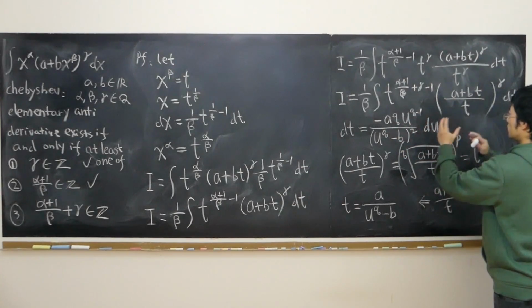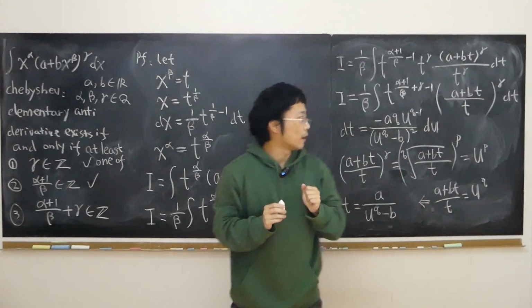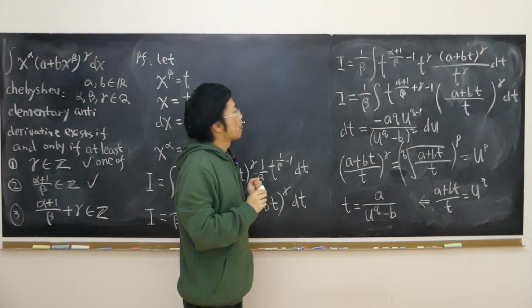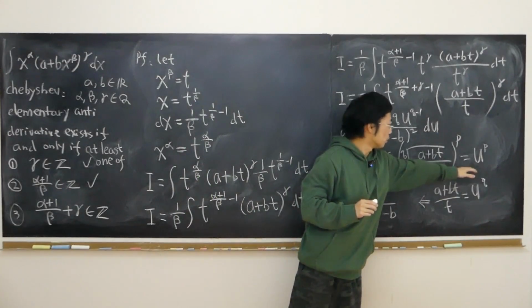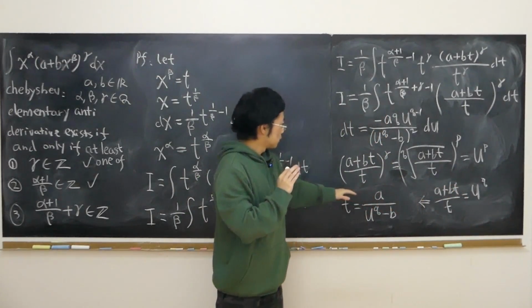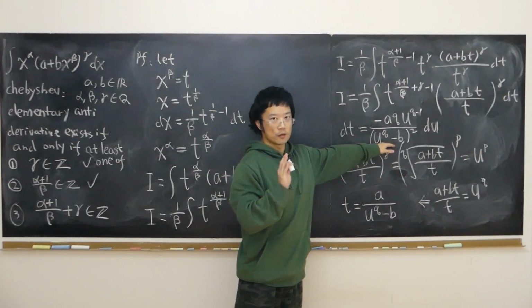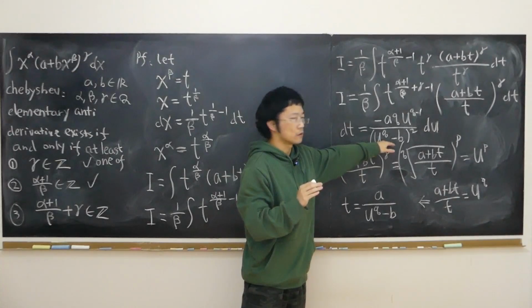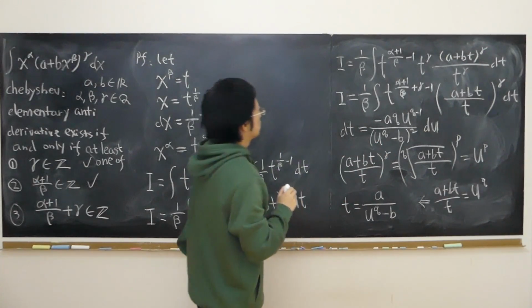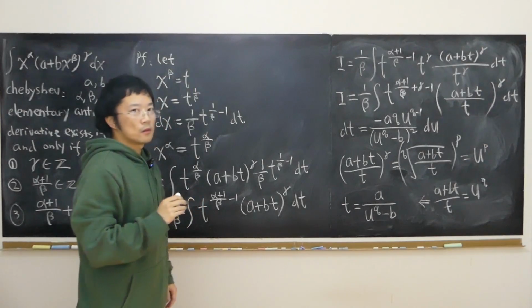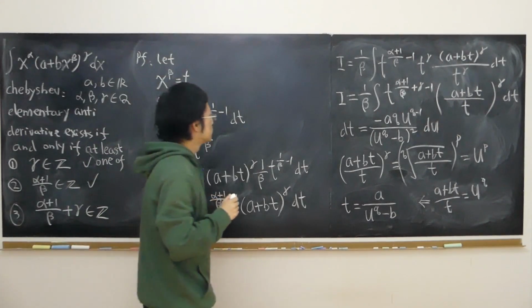So now we have a rational function in terms of u multiplied by some polynomial in terms of u and multiplied by some rational function in terms of u. Of course, which will again give us some rational function in terms of u, which is again easily solvable in terms of finding its antiderivative.